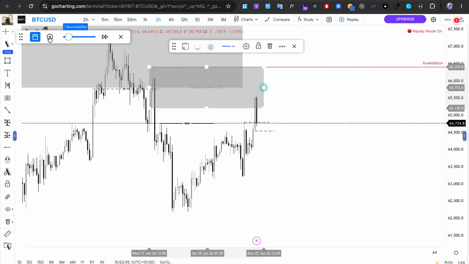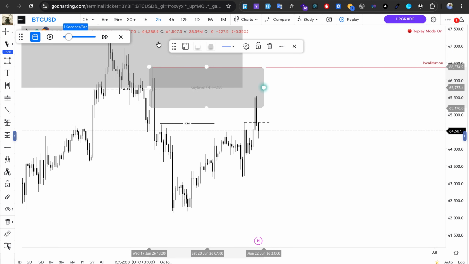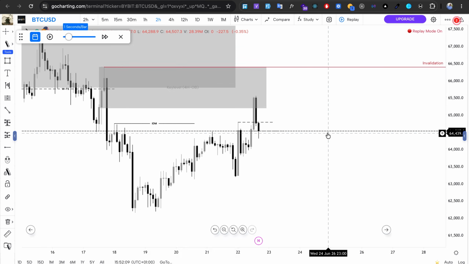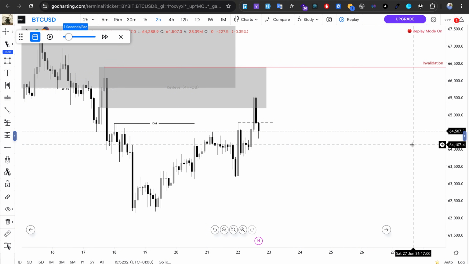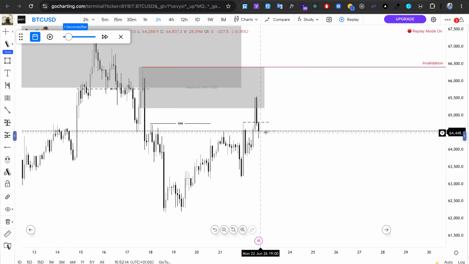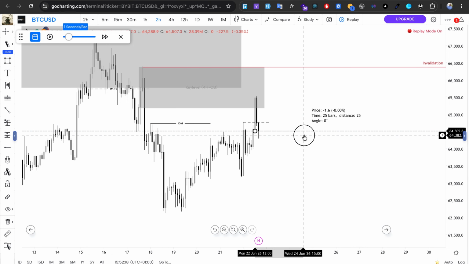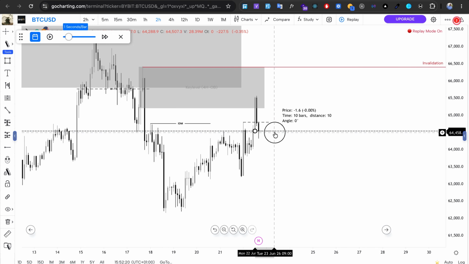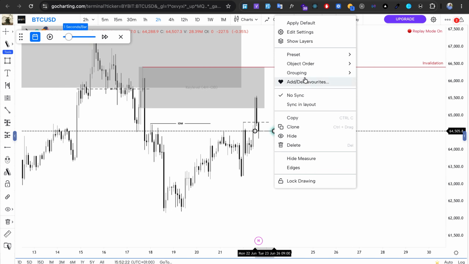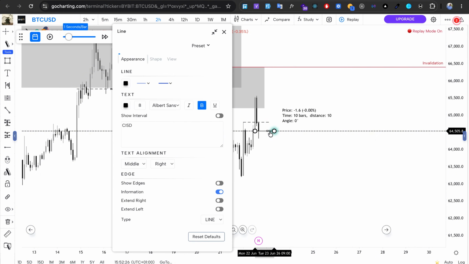So let me play price. Price kind of engulfs here, right? This space we have our CISD, a 2 hour CISD.